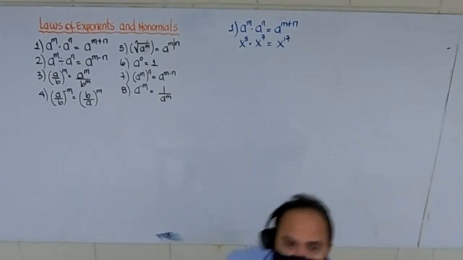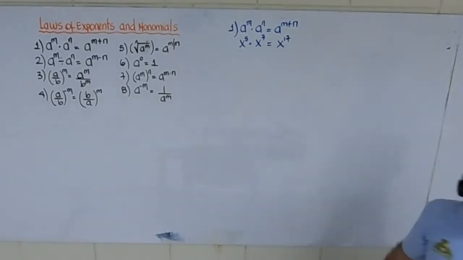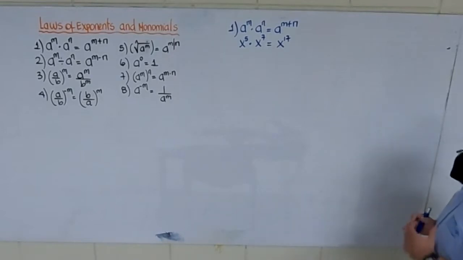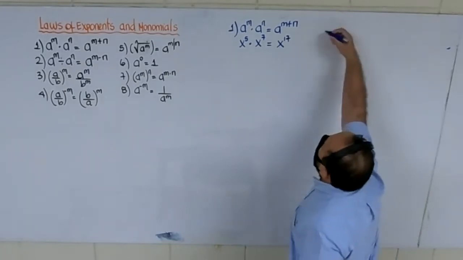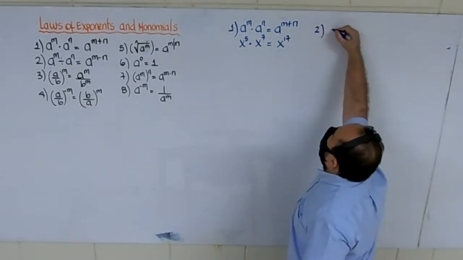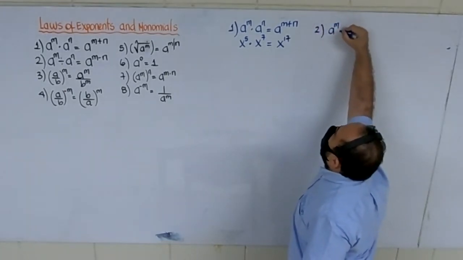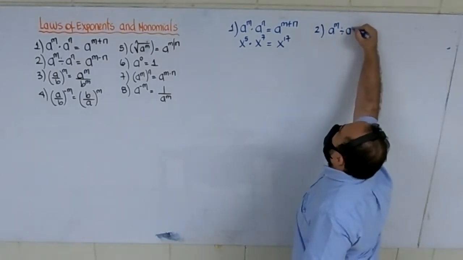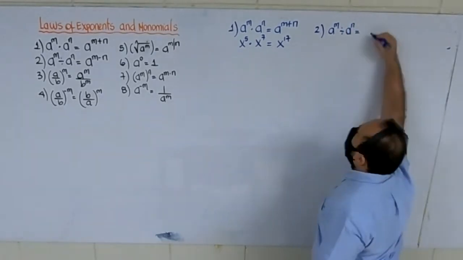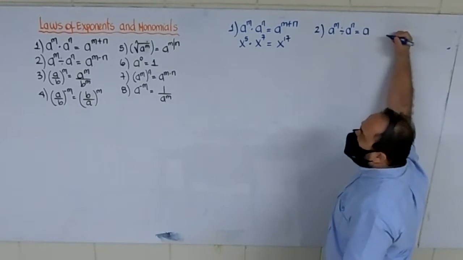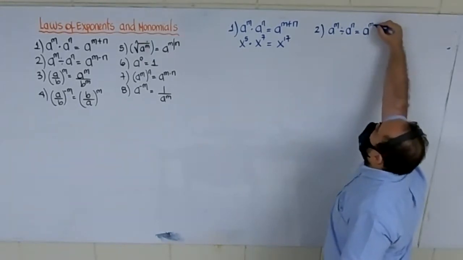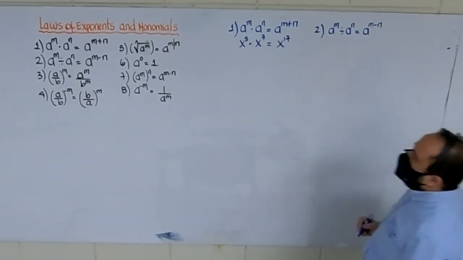Okay, that was rule number one. What is the explanation of rule number two? It is the opposite. Rule number two establishes that if we have a to the m power divided by a to the n power, you copy the base and subtract the powers.